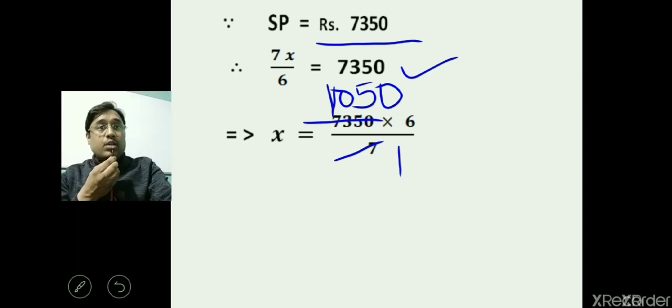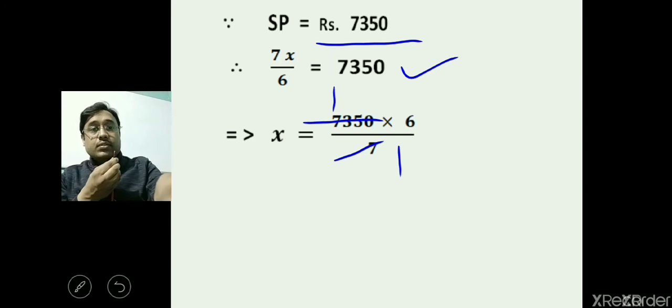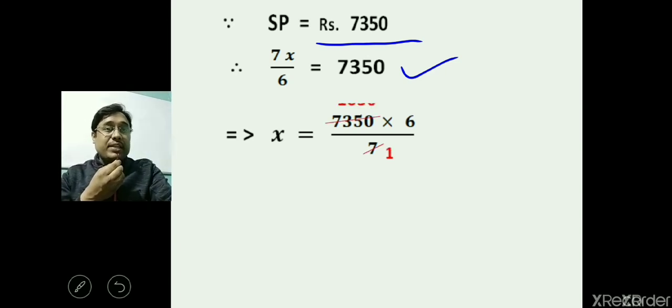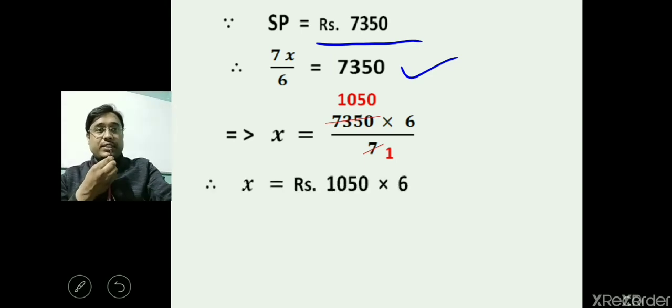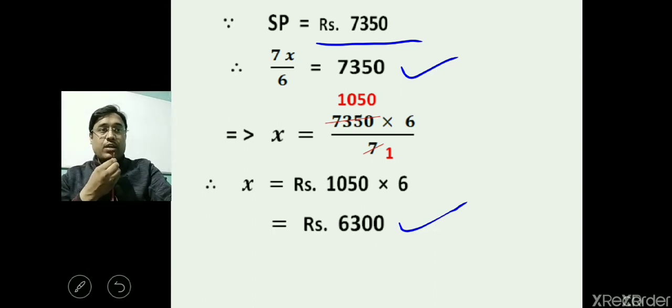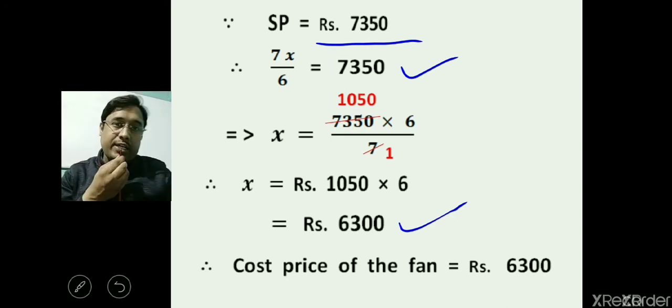That is what you have got, 1050 into 6, which means you will get 6300. So 6300 is the CP that you have got. The question is asking only this, to find the cost price. So you will say that the cost price of the fan is 6300.